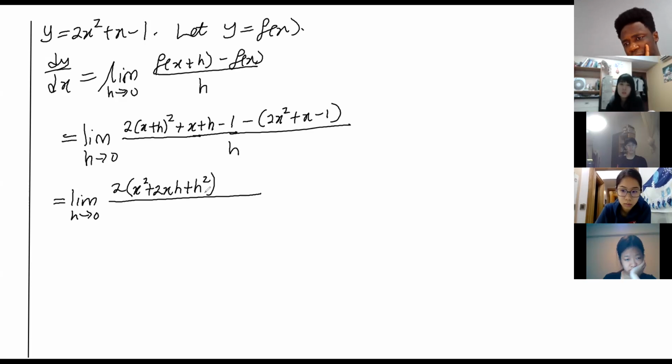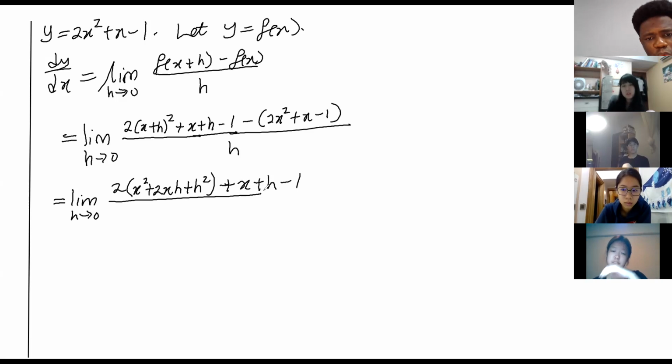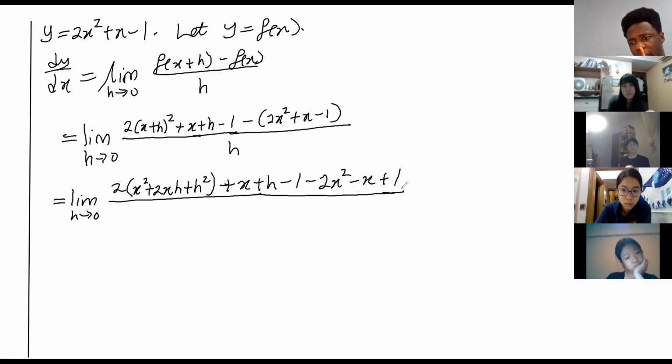And this remains plus x plus h minus 1. Then we open the bracket, minus 2x squared minus x plus 1. Understood? Everything divided by h. While simplifying, I have my limit, and this is h, sorry, not x.